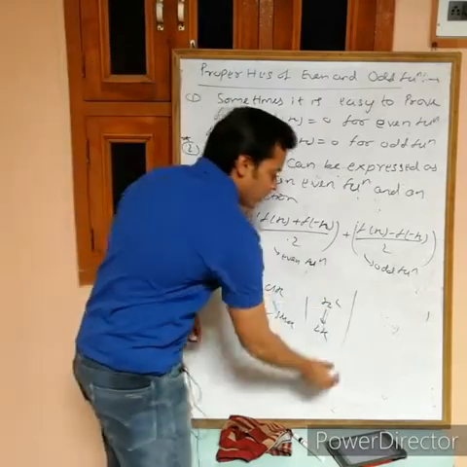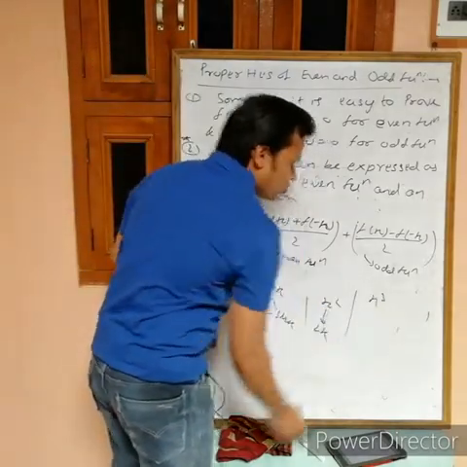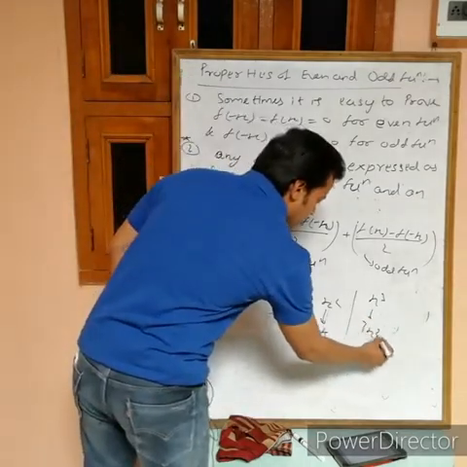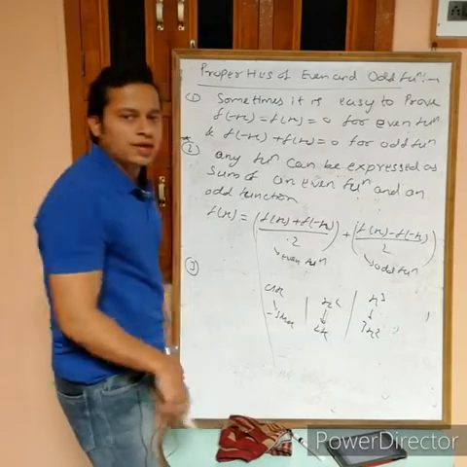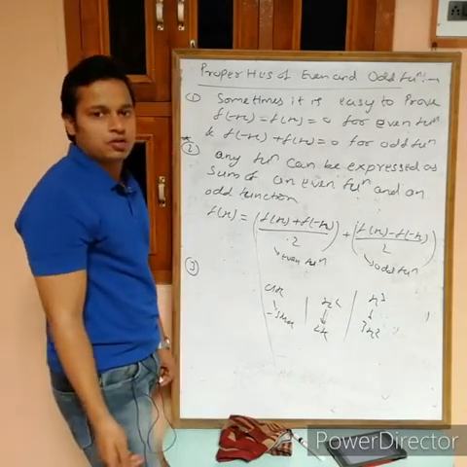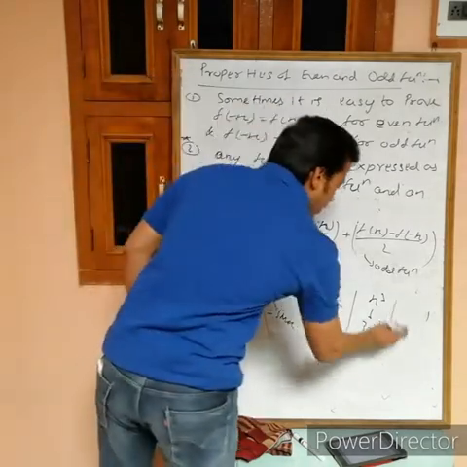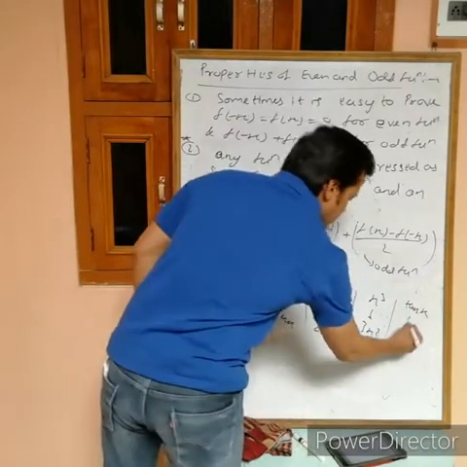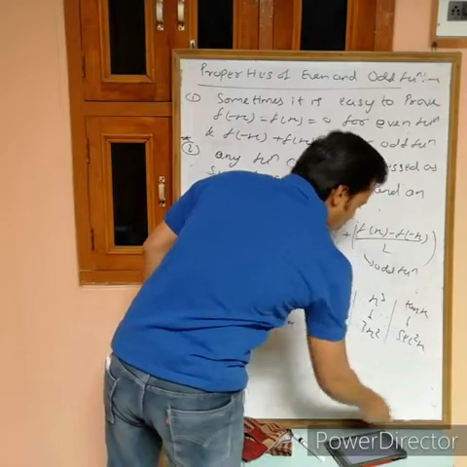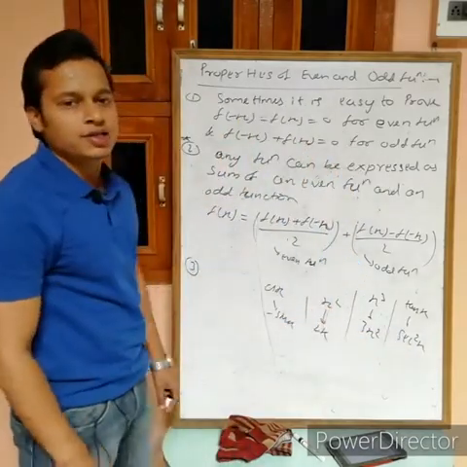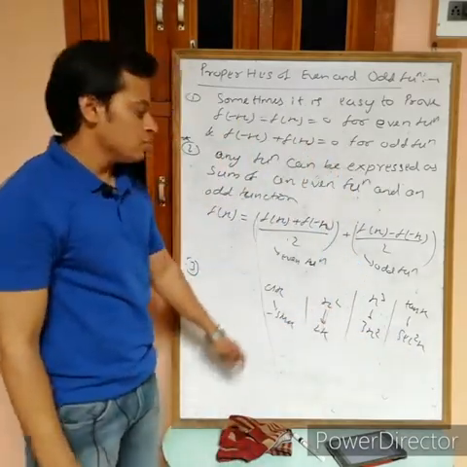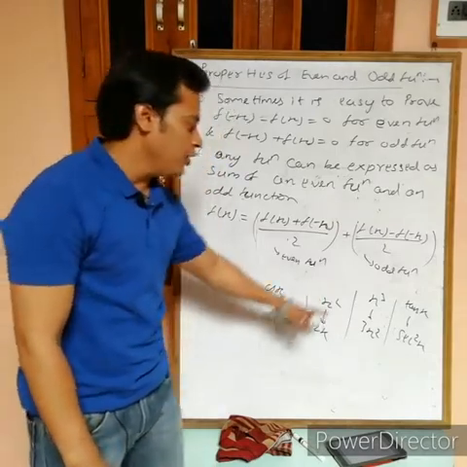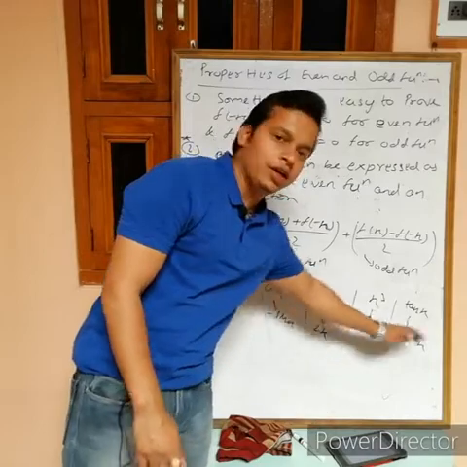If you are taking any odd function, suppose x cube is an odd function, then differentiation of this one is 3x square. Now put x as minus x, you will get the same value, it means an even function. Take any other odd function, suppose tan x. Differentiate this one, sec square x. Now if you put x as minus x, again you will get the same value. So if you differentiate an even function, then you will get an odd function. If you differentiate an odd function, then you will get an even function.